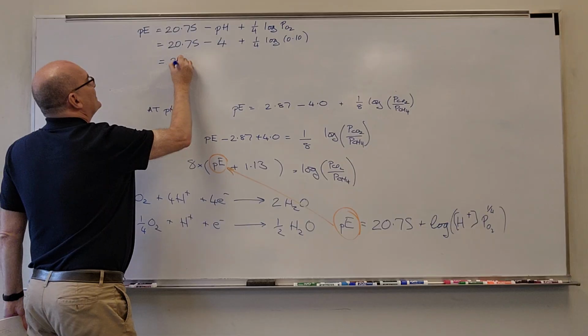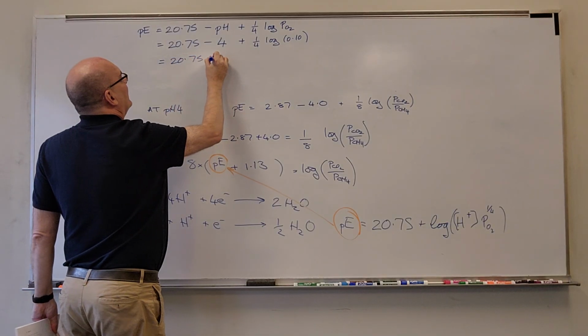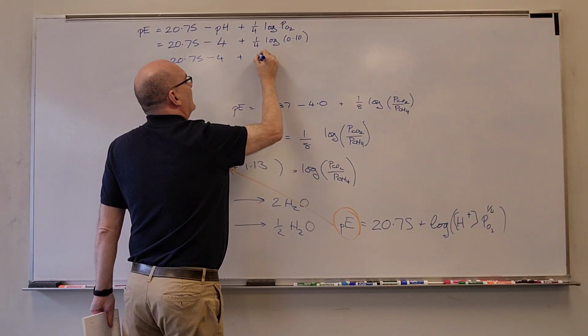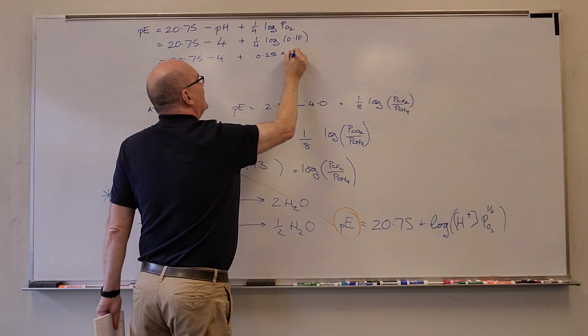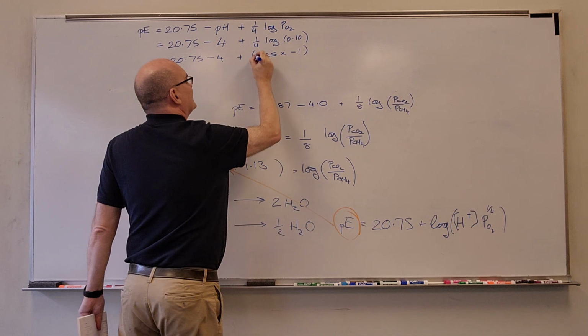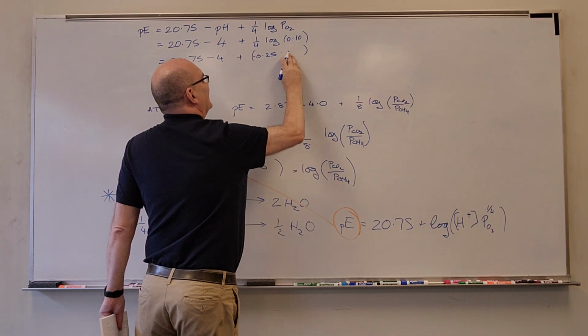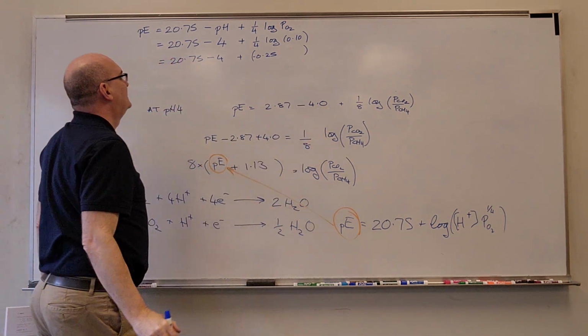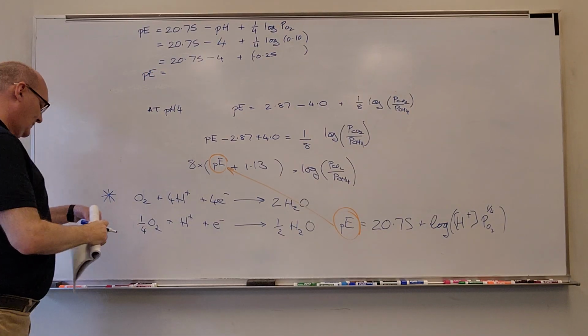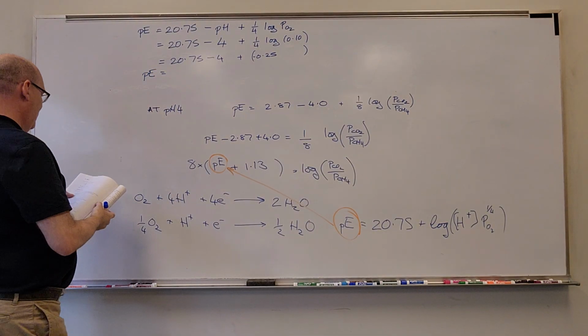So this is 20.75 minus 4 plus 0.25 times -1, which is minus 0.25. PE turns out to be 16.5.